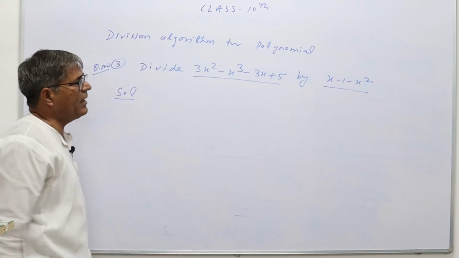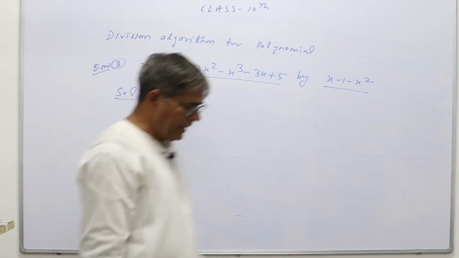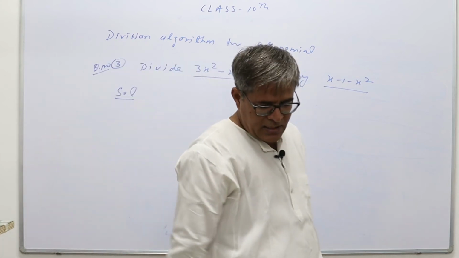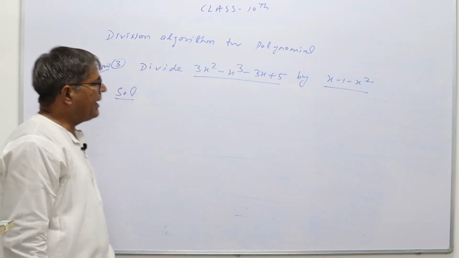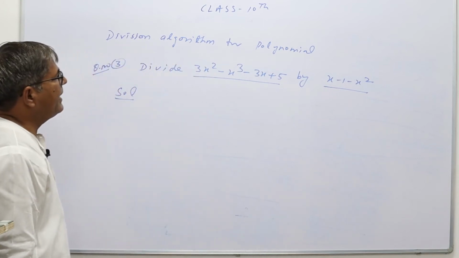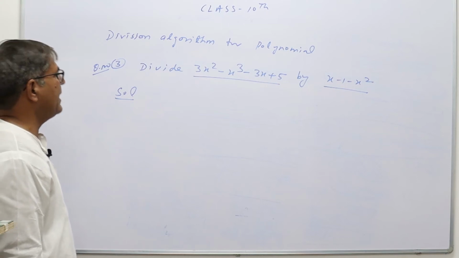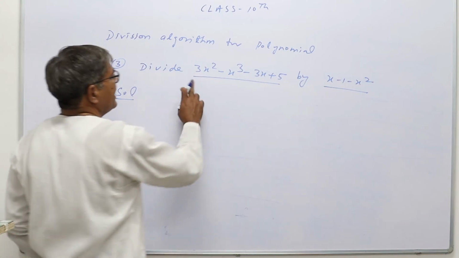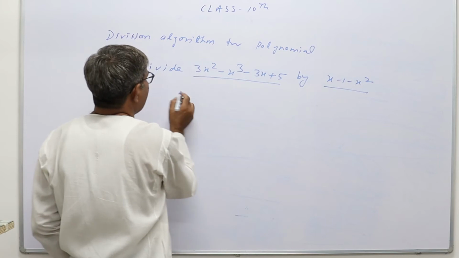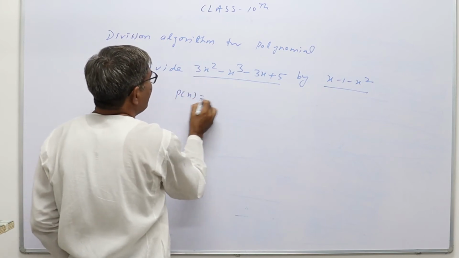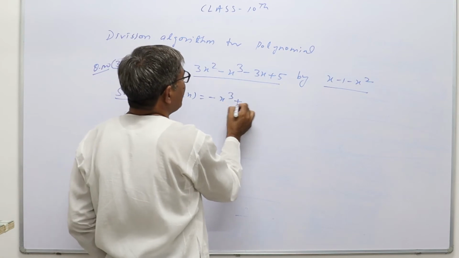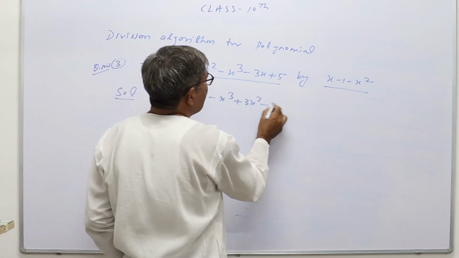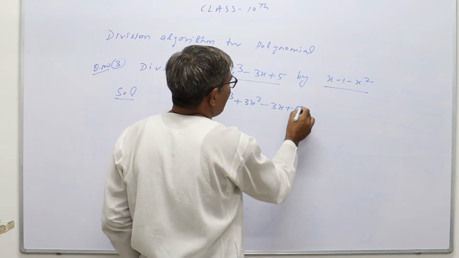First of all, we will observe both the polynomials, and we will write the given polynomials in the decreasing degrees of the terms. So here, in the given first polynomial, let this one be p(x), and the highest degree term is minus x cube, then plus 3x square, then minus 3x, then plus 5.